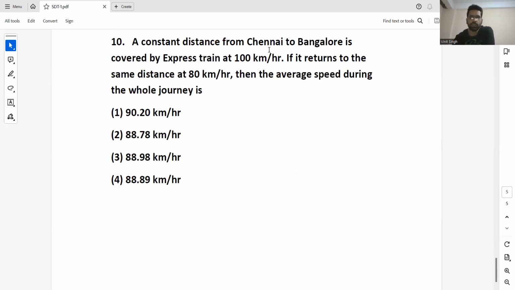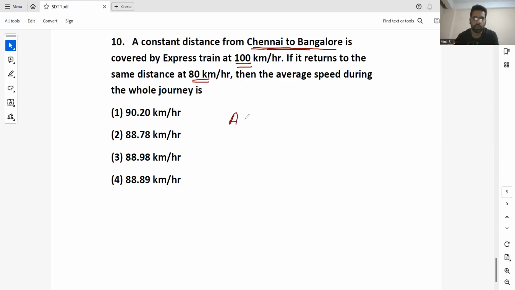A constant distance from Chennai to Bangalore is covered by an express train at 100 km per hour. If it returns the same distance at 80 km per hour, then find the average speed during the journey. So here, distance is constant from Chennai to Bangalore, and return to the same distance means Bangalore to Chennai. Here, the distance is constant.